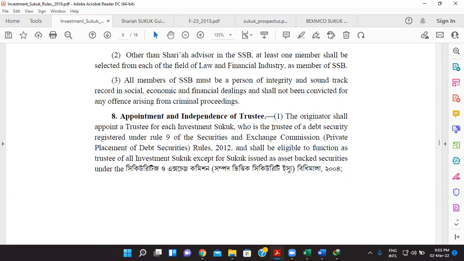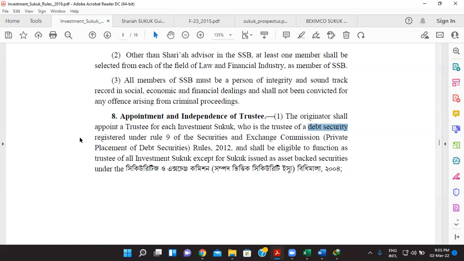The Investment Sukuk Rules 2019 has identified the Sukuk security as a debt security. But remember, the Sukuk security has features of both equity and debt.